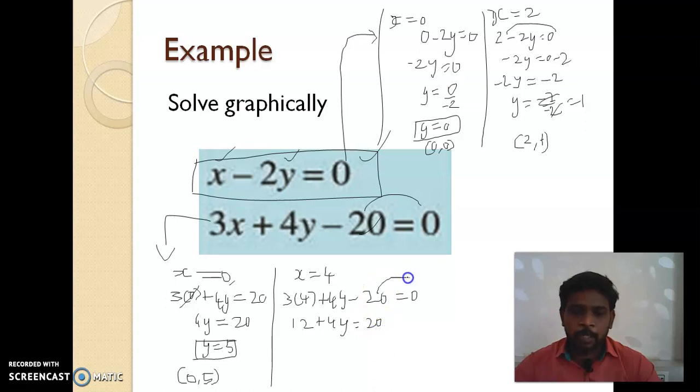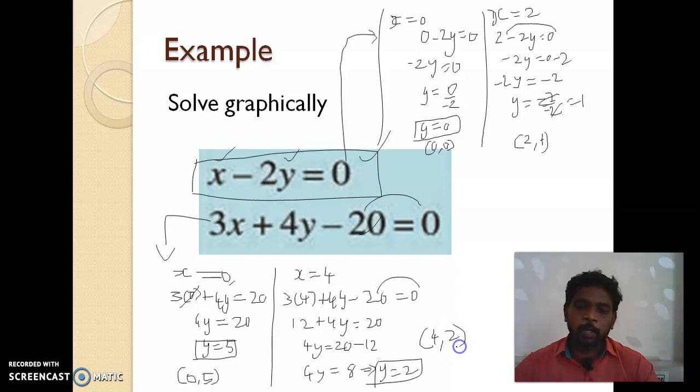I transposed this 20 to the right hand side. So 4y equal to 20, and if you transpose 12 to the right hand side, it will become minus 12. Therefore 4y equal to 20 minus 12 equal to 8, which implies y equal to 2, since 2 fours are 8. So the x value is 4 and the y value is 2. So (4, 2) is the respective point.